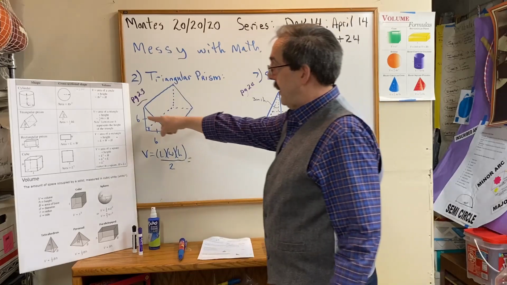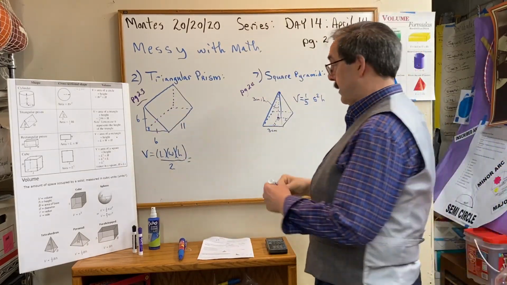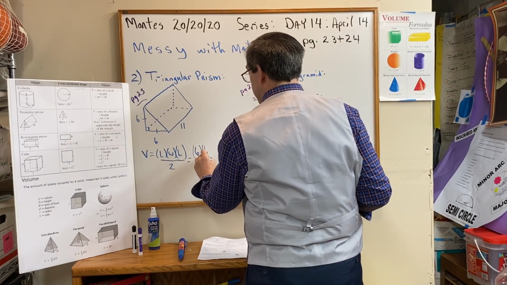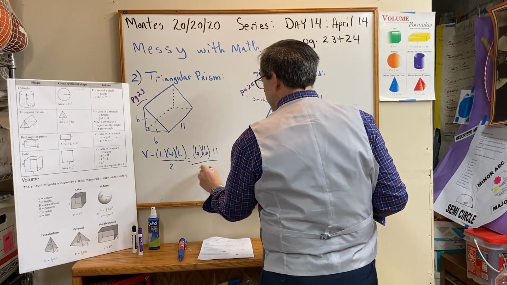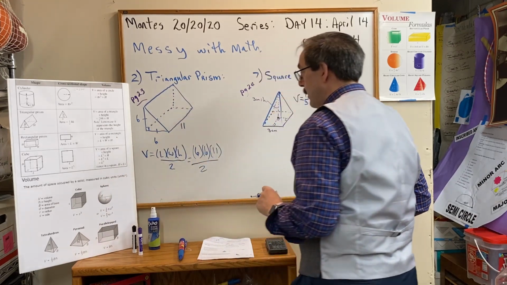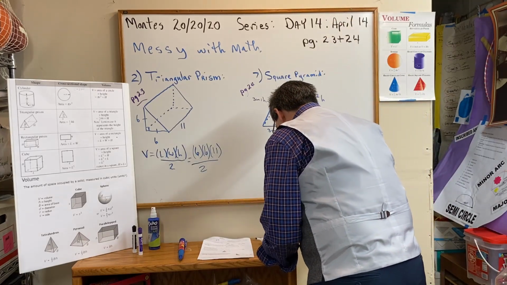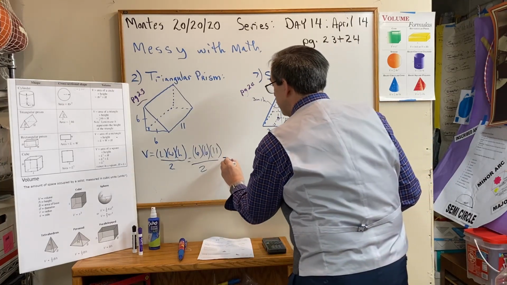So in this case, we have those hash marks. Remember what hash marks mean? Congruent, right, in measure. So we have 6 times 6 times the height, 11, divided by 2. Okay? Grab our calculator, 6 times 6, 36. 36 times 11 is 396.